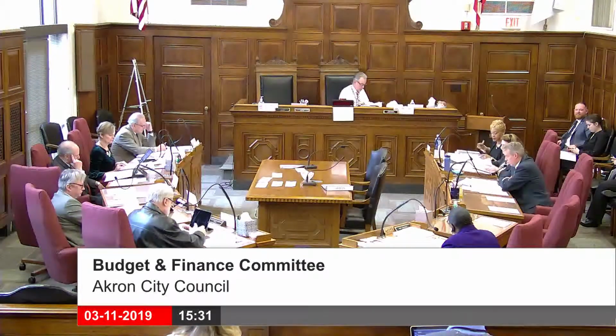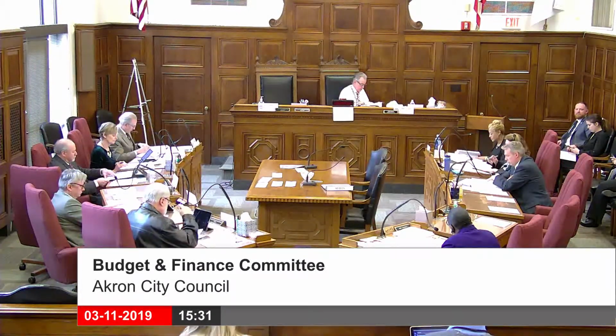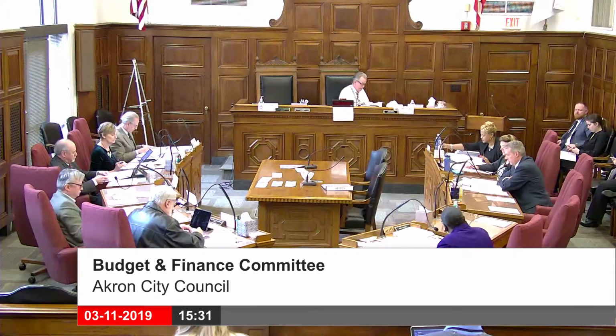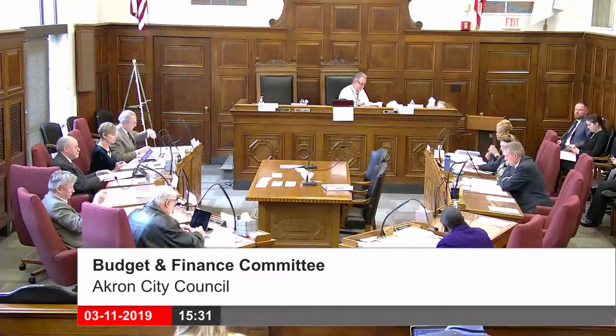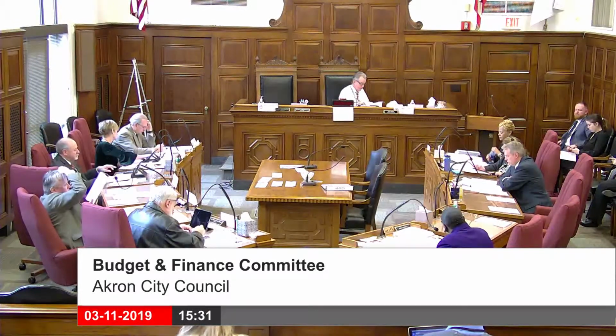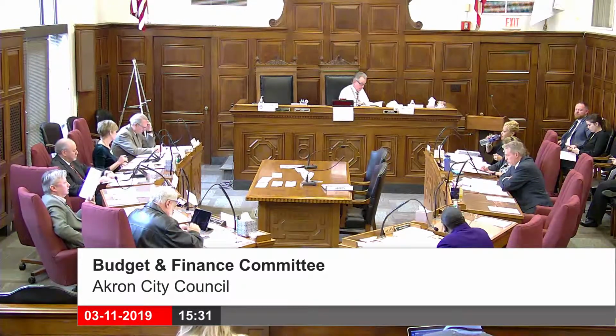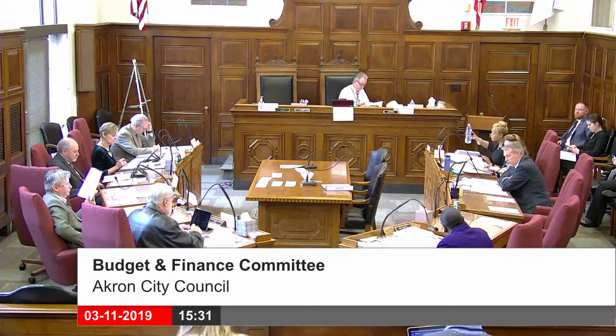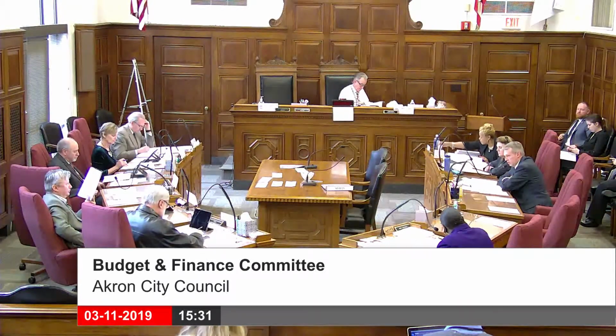Okay, page 3 is a highlight of our general fund. Our general fund budget is going to be $167,764,290. That's the number you see in the bottom right of the page, which is about a $61,000 decrease from the 2018 general fund budget.